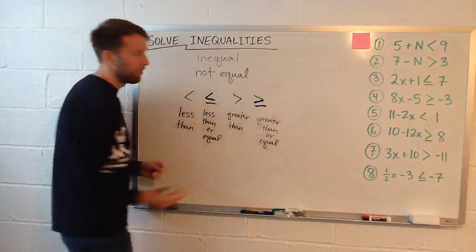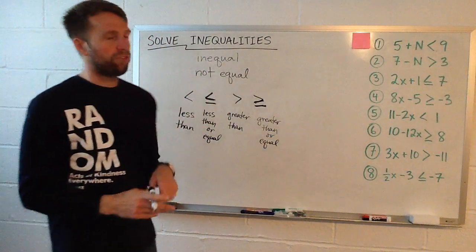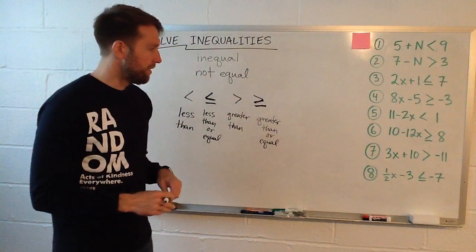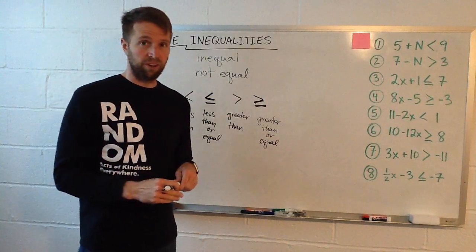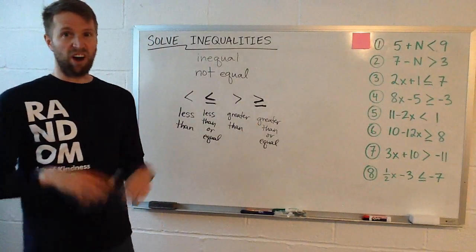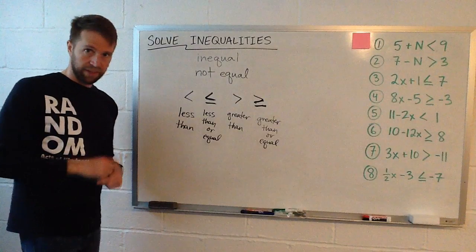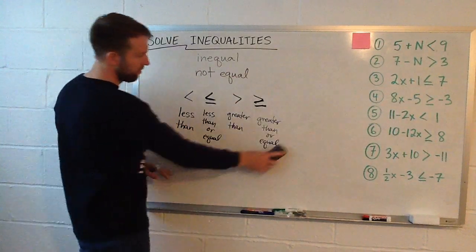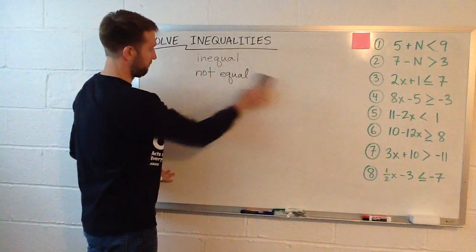So hopefully you're familiar with those, and we're going to use those to solve these inequalities over here. If you're pretty solid with solving equations, solving inequalities is almost the exact same thing. There's just one tiny little difference, and we will get to that.